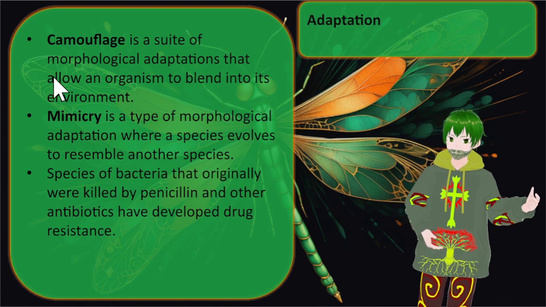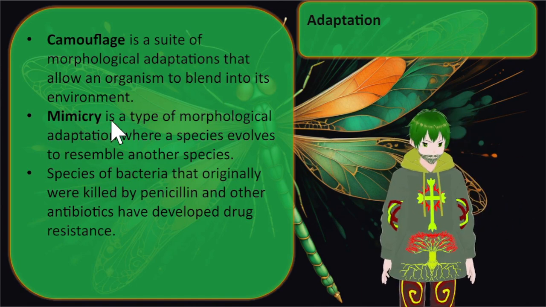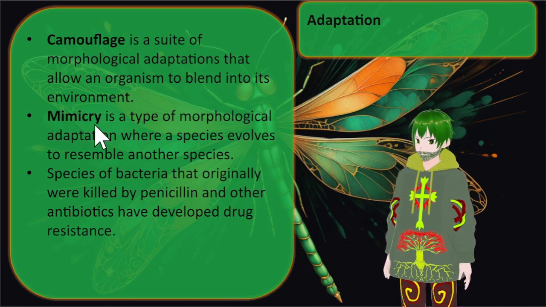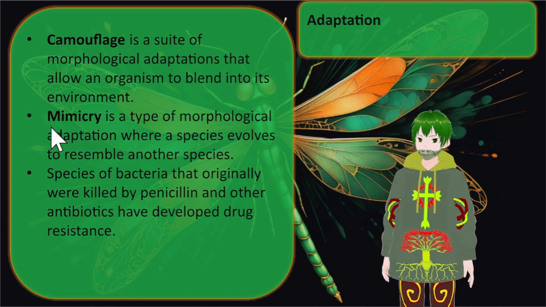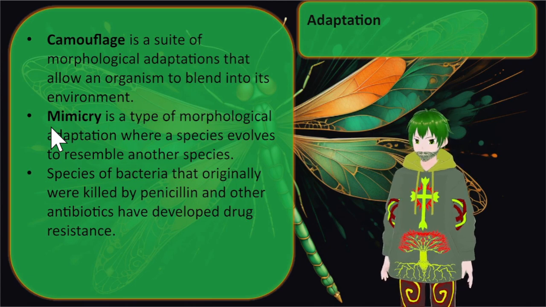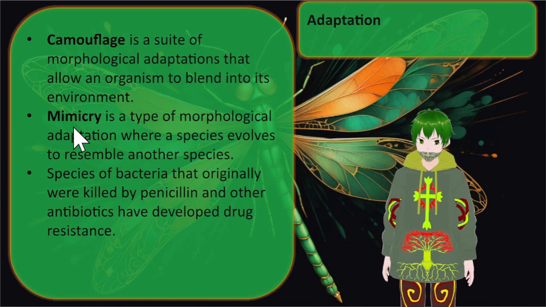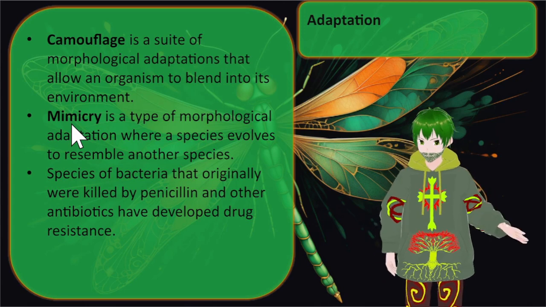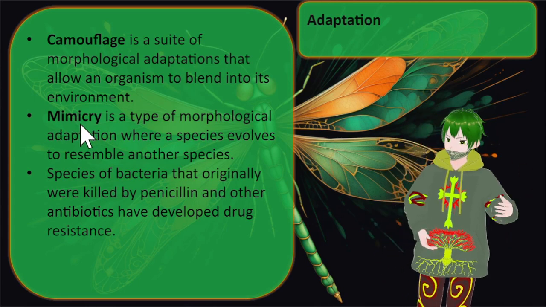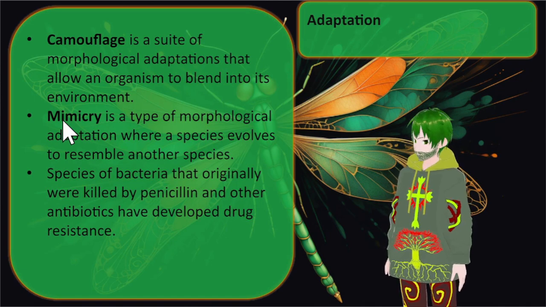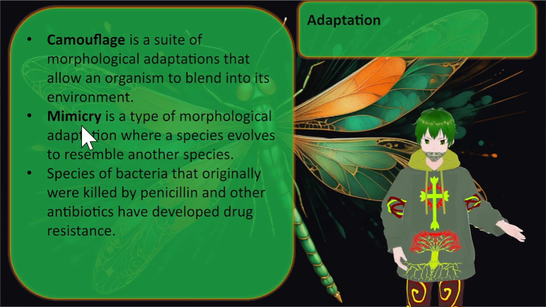That would be camouflage. Mimicry, on the other hand, is when one organism is harmless, but it looks very similar to an organism that is very harmful. So there are some plant species that have berries that are very similar to poisonous berries. There are some insects that look like spiders, but they are not spiders.